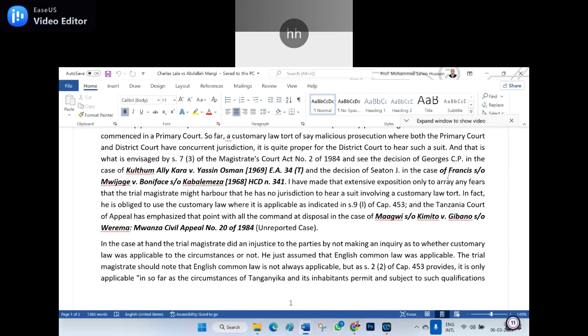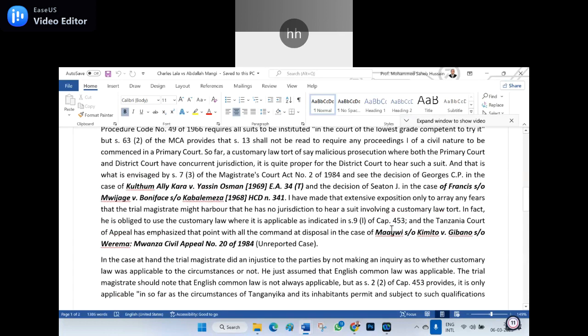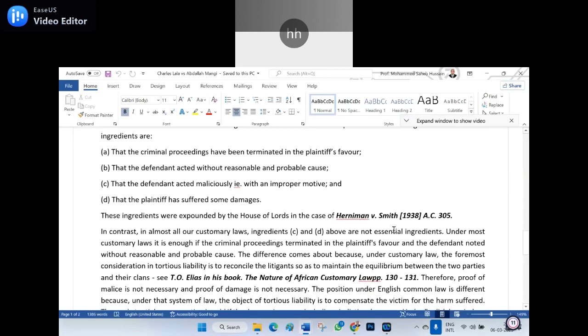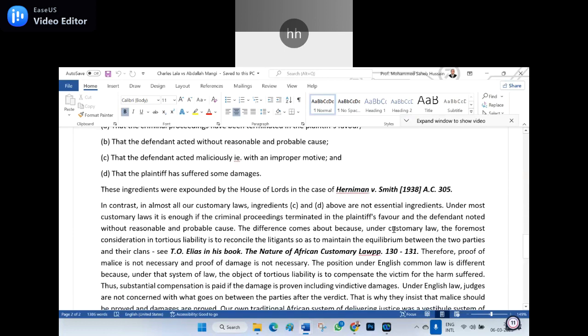Magvi, son of Kimito, versus Gibano, son of Varema, Monza civil appeal, an unreported case. It is another case law. And Harriman versus Smith, 1938, Appeal Court, 305, another case law.